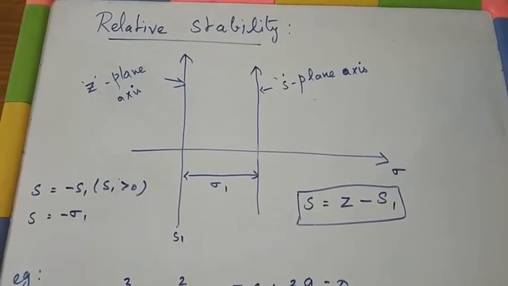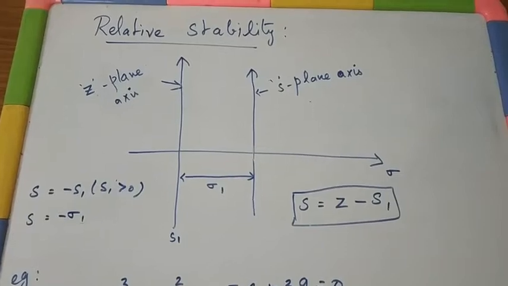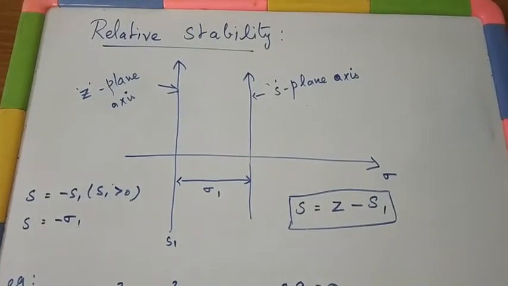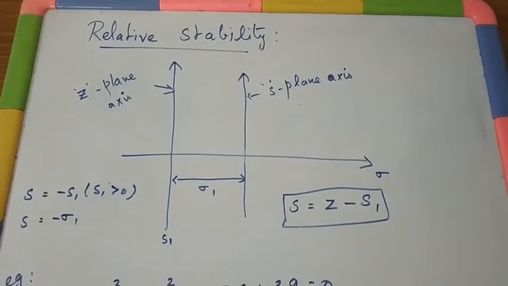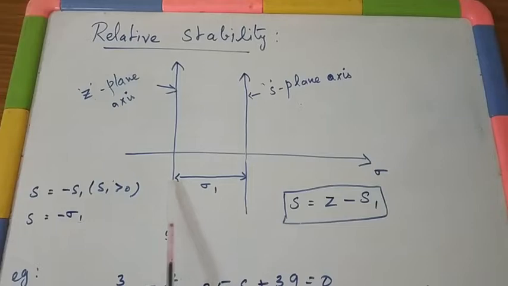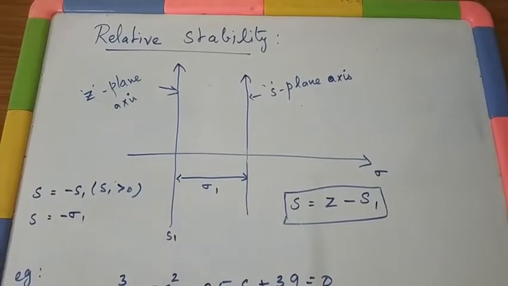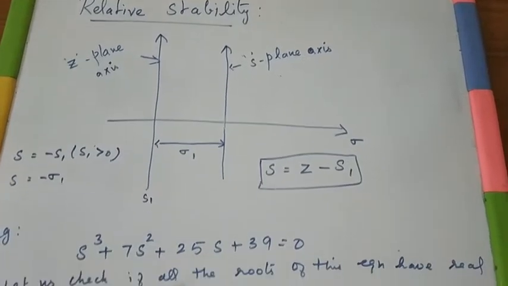If the new characteristic equation in z satisfies the Routh criterion, it implies that all the roots of the original characteristic equation are more negative than s equal to minus sigma 1. Now, with this relative stability concept, we will see one example.